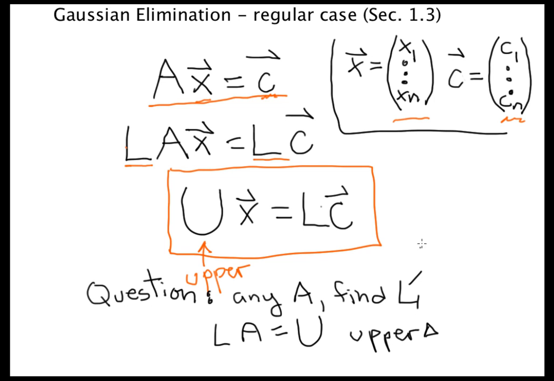So this L, of course, is lower triangular. So why don't you pause the presentation for a moment and think about that. Maybe do a few examples and see if you can find a matrix L for any such A. And if not, which A's can you do this way?